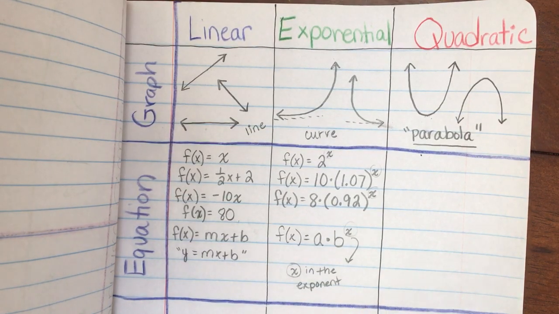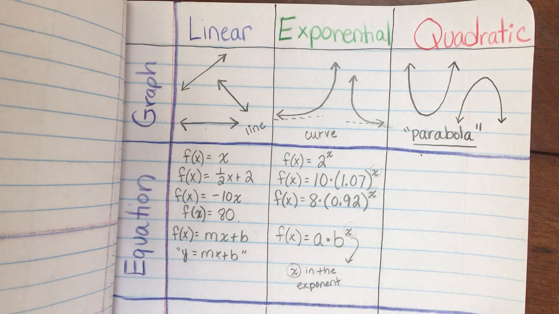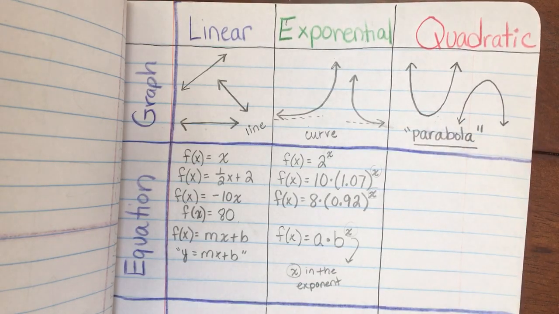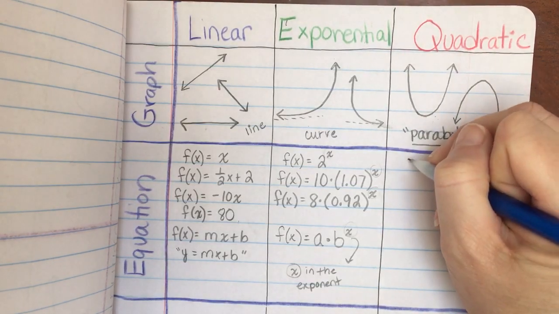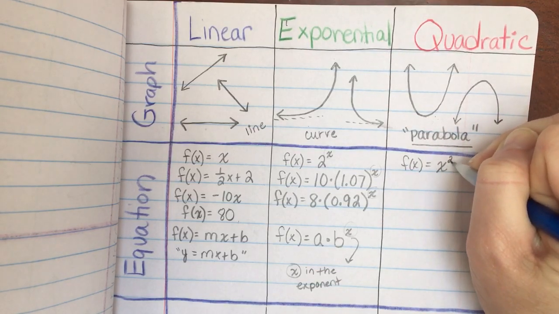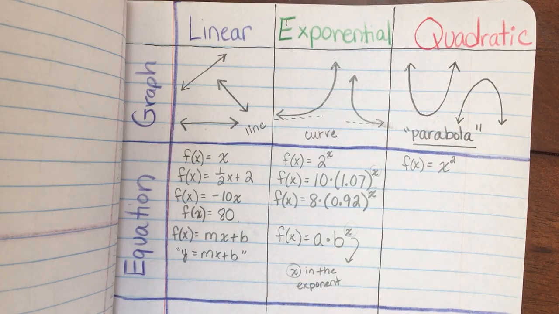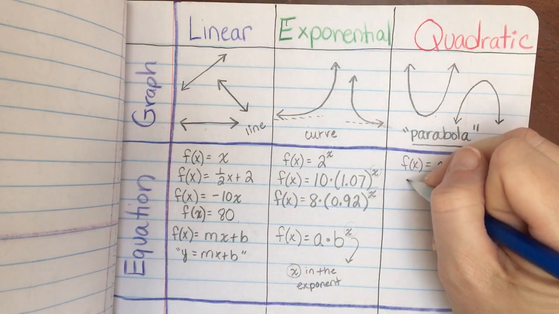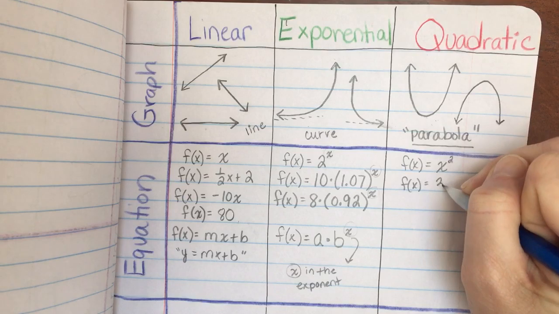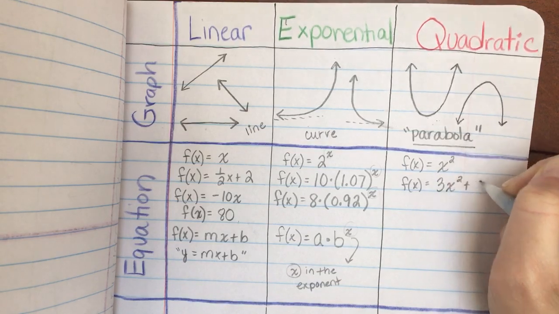Quadratic functions. These are our newest functions, so we're not as familiar with them. Here are some examples, and maybe you can tell why these would be considered quadratic. f of x equals x squared, or x to the second power. That's a good example of a quadratic. f of x equals 3x squared plus 5.